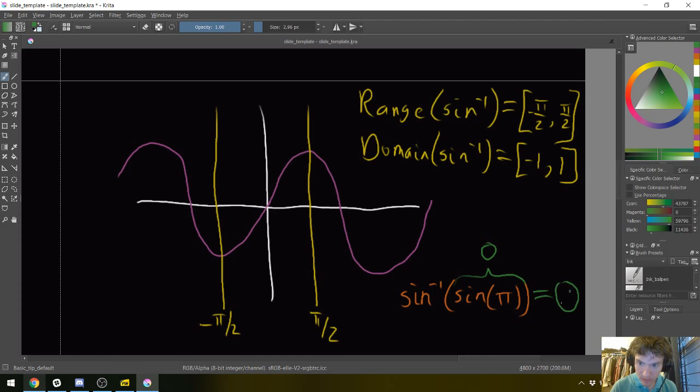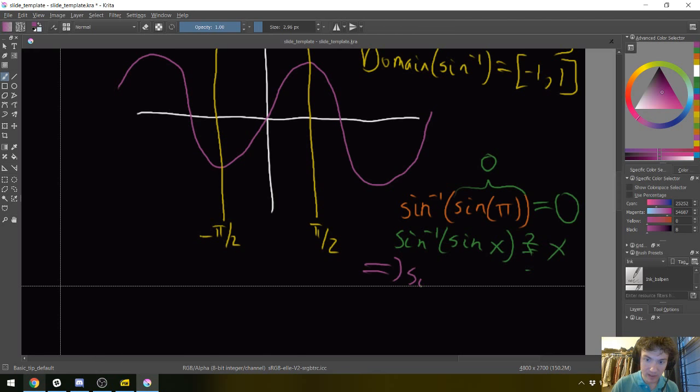So if the second line were true, it would have to be true letting x equal pi. Because sine is periodic, you now agree that sine inverse of sine x is not always x, because here's an example where x is pi, but sine inverse of sine x is 0, and 0 is not the same as pi, right?